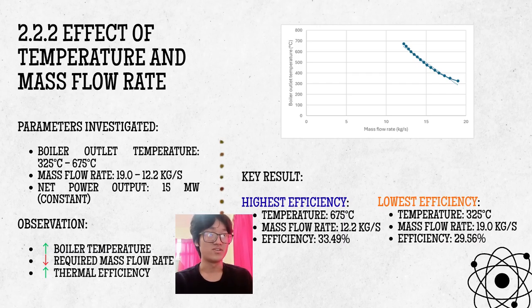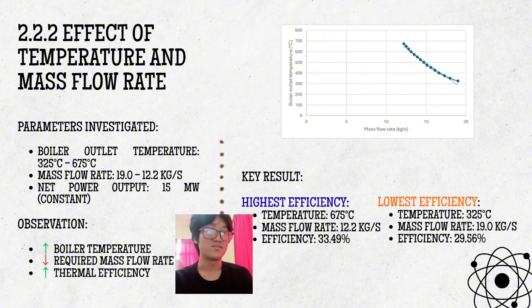As the temperature increases, the steam entering the turbine has a higher enthalpy, meaning that more energy is available for expansion and power generation. Hence, a lower mass flow rate is needed to achieve the same 50 megawatts output. From our results, the required mass flow rate decreased from 19 kg per second at 325 degrees Celsius to 12.2 kg per second at 675 degrees Celsius.